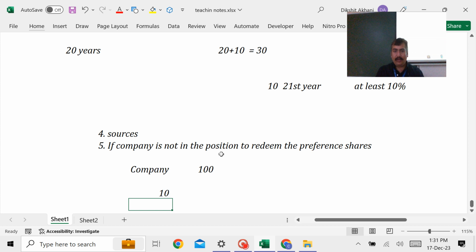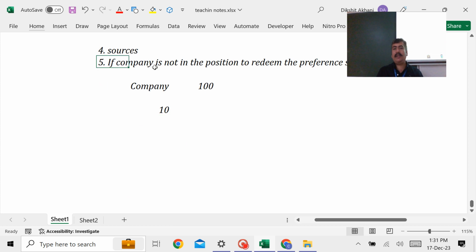So look, I'm telling you, if the company is not in the position to redeem the preference shares, then law has provided the solution. उन्होंने कहा कि following two conditions need to be satisfied. If these two conditions are satisfied, then what will happen? Existing preference shareholders would be assumed as paid.